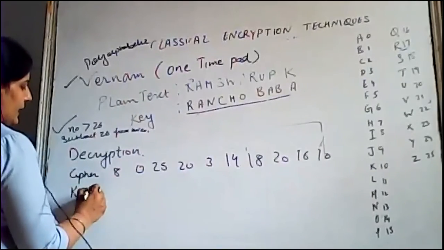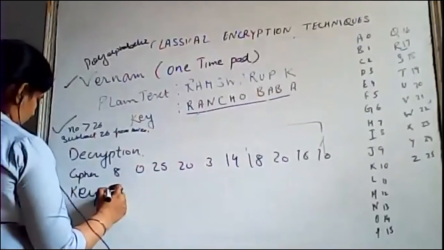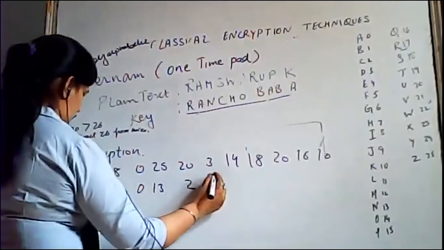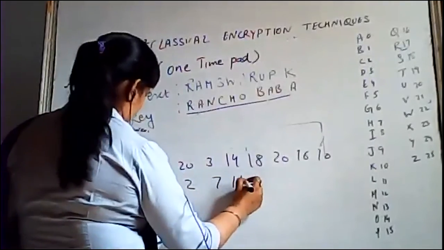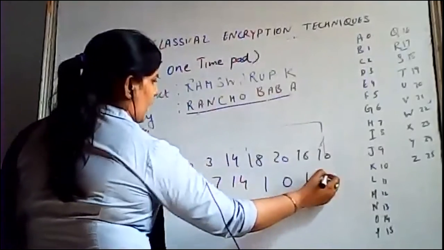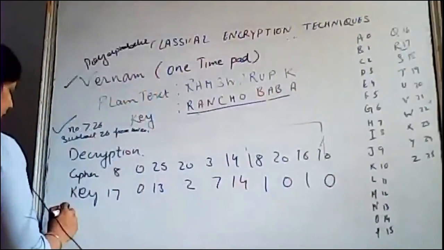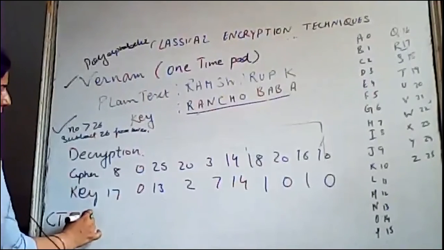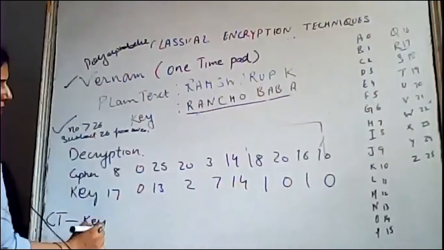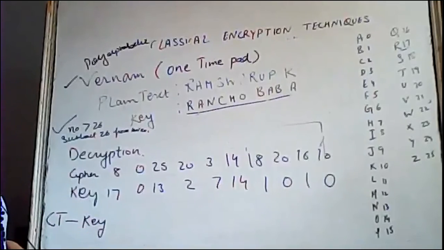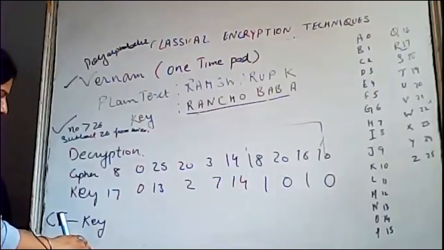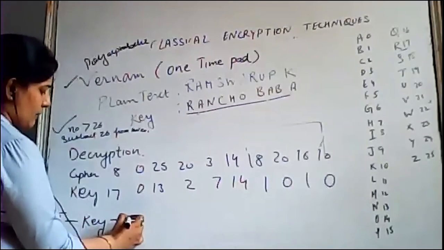I have the key, which is 17, 0, 13, 2, 7, 14, 1, 0, 1, 0. Now in the case of decryption, we subtract that key from the cipher. The reverse process will occur, obviously, since we are decrypting. So we will be getting all those answers, minus 9.